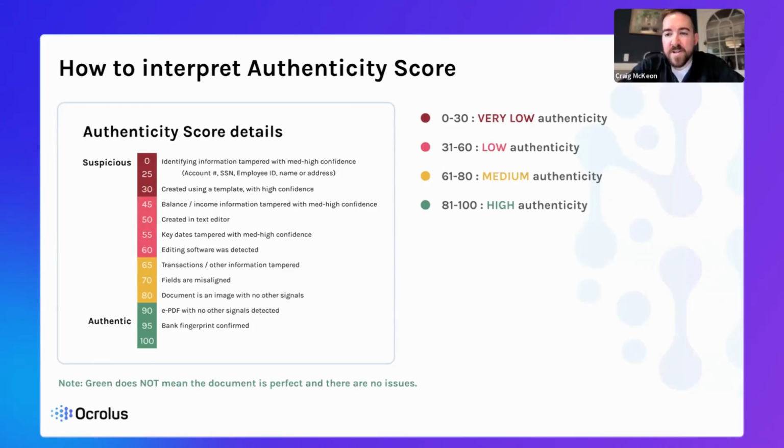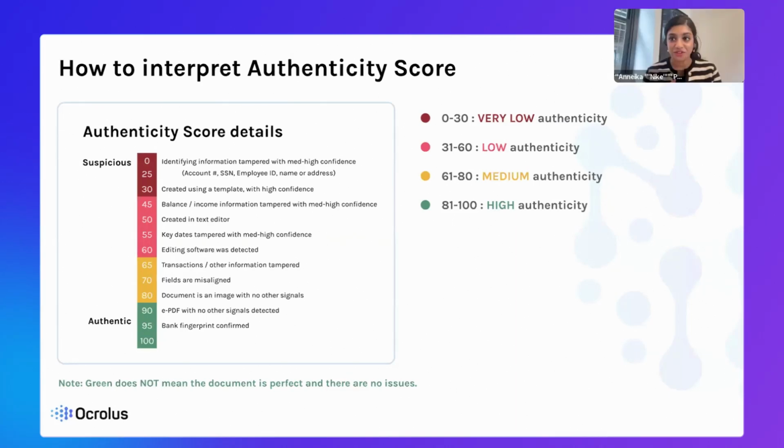Another question that we just got in, do we ever see 100% authenticity scores? We do not see 100% authenticity score. We have it here as the end of the spectrum, but we don't actually score anything as 100. And we do that intentionally because we want to give fraud analysts, underwriters, confidence in a document, but we want them also to feel empowered to review the document as well.